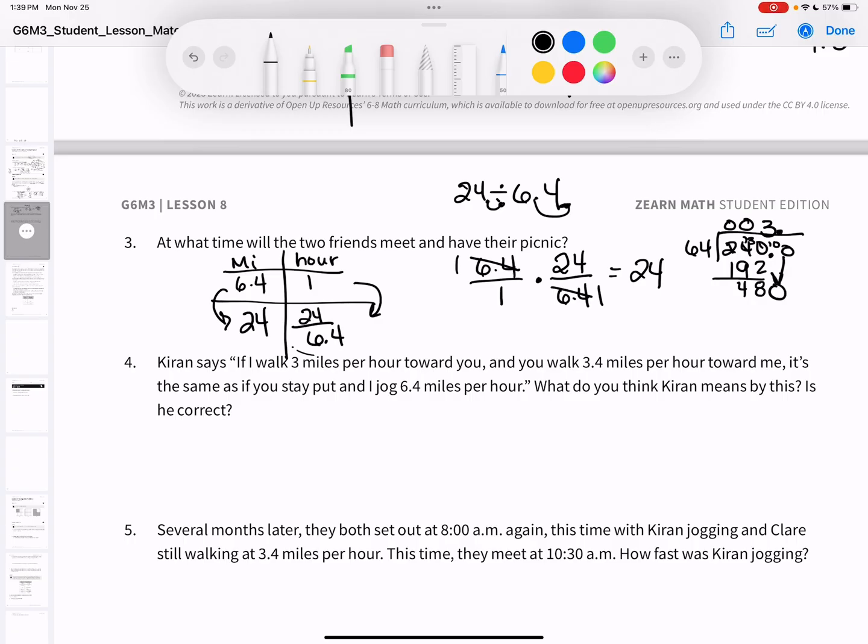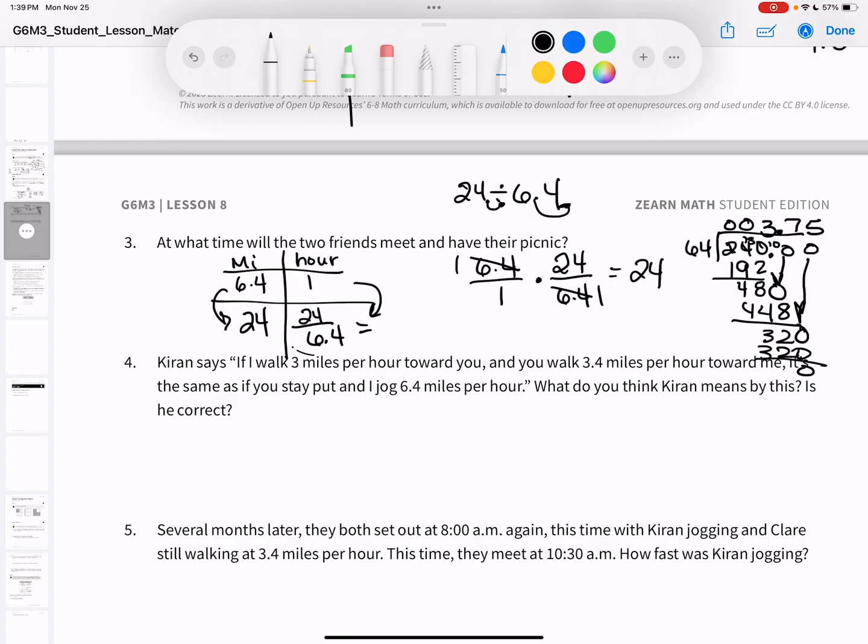So 64 goes into 480 7 times, as close as we can get with 448, which leaves us with 32, right? And then our 0. 64 goes into 320 5 times, and that gets us 320, and we are done.